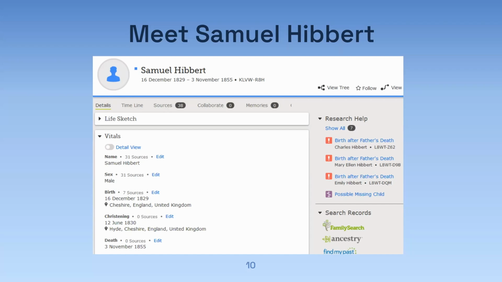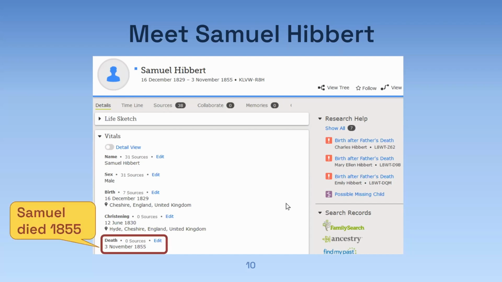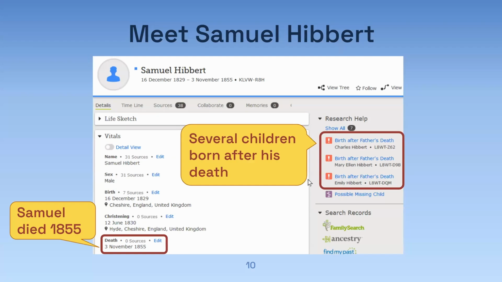He has at least 13 merges on him representing at least 5 different families. This guy has a death date of the 3rd of November, 1855. Notice that he's got some data errors saying that his kids were born after he died.